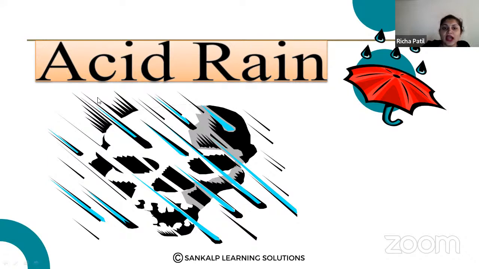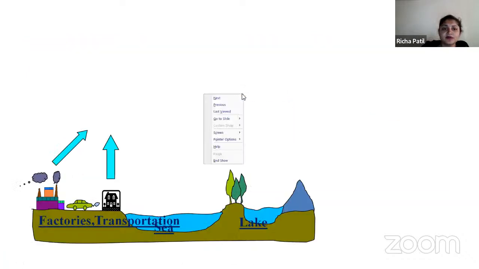So this is nothing but acid rain. Normal rain pH is up to 5.6; if the pH of rain is below 5.6, it results in acid rain. Okay, so this is acid rain.